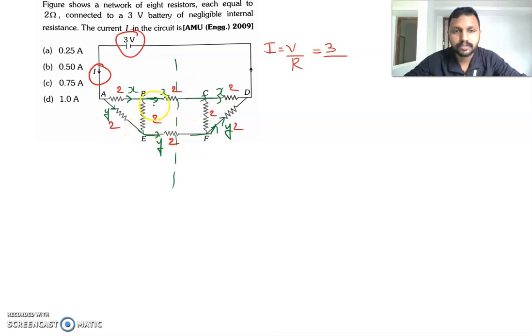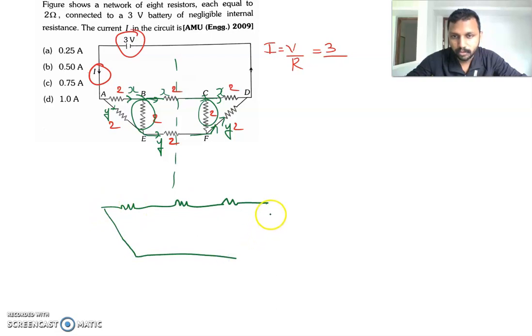That means these two resistors can be neglected, so we can redraw the circuit diagram like this, with 2, 2, 2, 2, 2, 2.